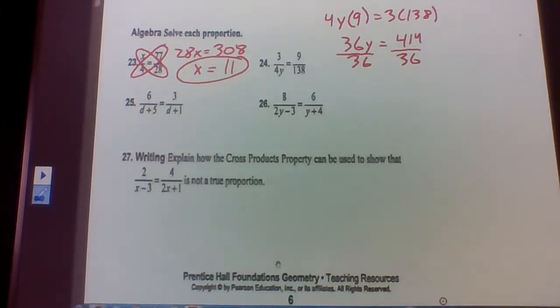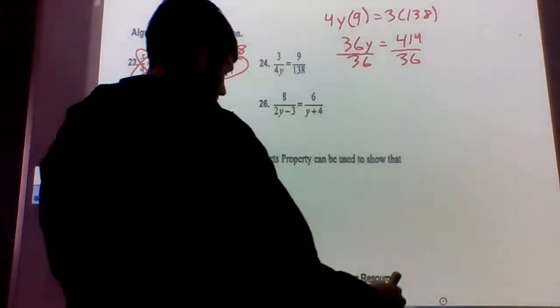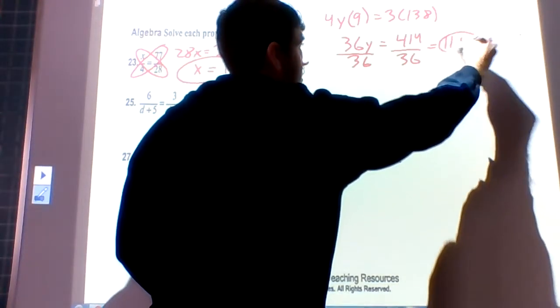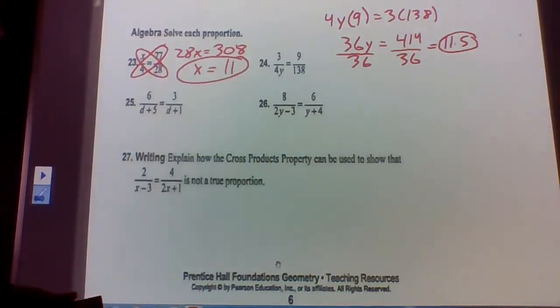And we get 11.5. Yeah, if we want to check that, times it by 4, that's 46. 3 divided by 46 should be the same as 9 divided by 138.